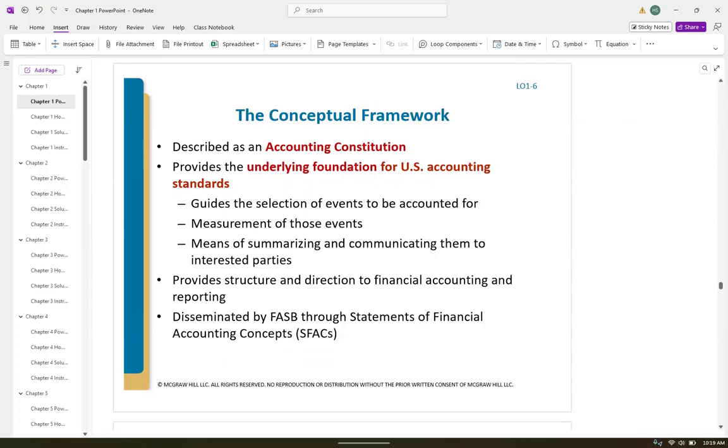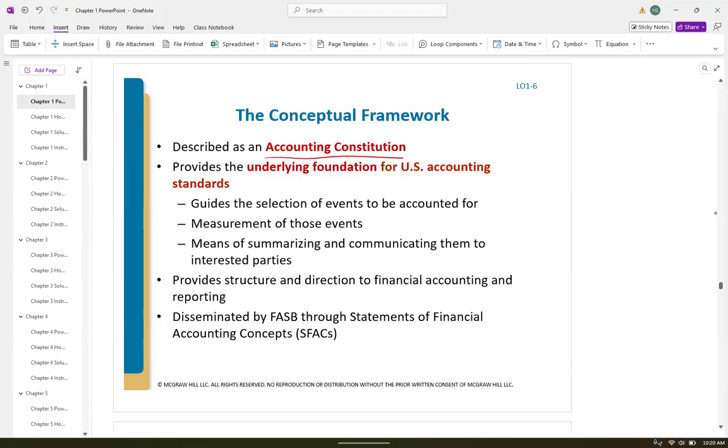All right, now we're going to talk about the conceptual framework. I thought this was funny. I've never heard of it called the Accounting Constitution. That does make perfect sense because, like I said, FASB's been around for a while, and the reason being was the conceptual framework. We're still a relatively new country compared to other countries that have been around a lot longer than us, but we find that our Constitution is timeless.